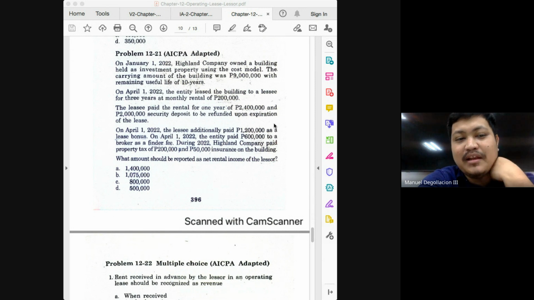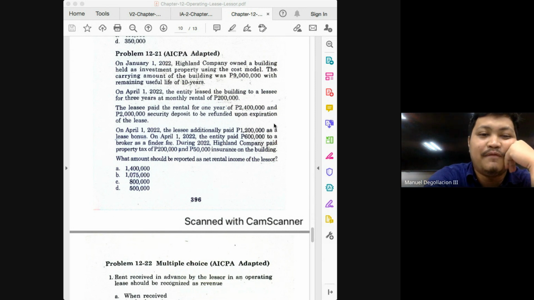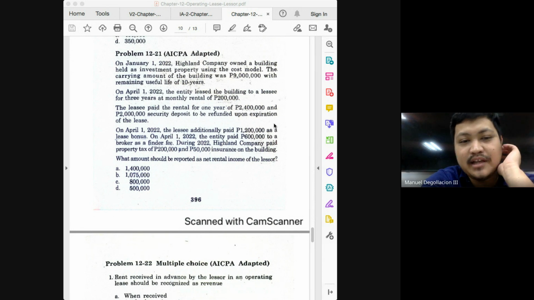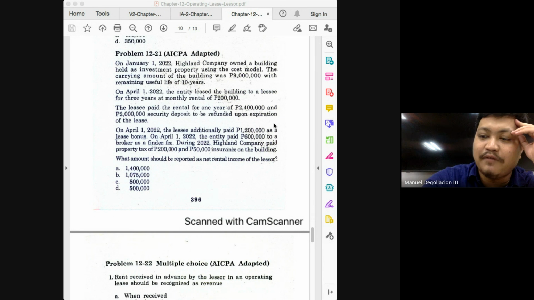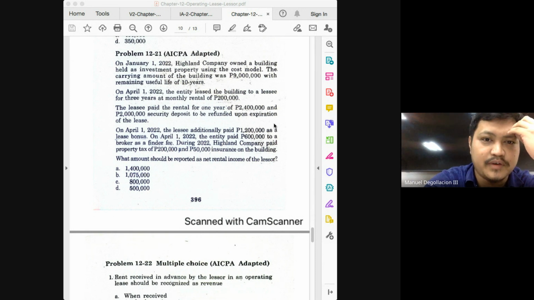So that would be 1,950,000. That would be your rental income for the first year, but you have to deduct your expenses. What are your expenses? The 200 property tax and the insurance of 50. 1,950 minus 200 minus 50 would be 1,700,000.